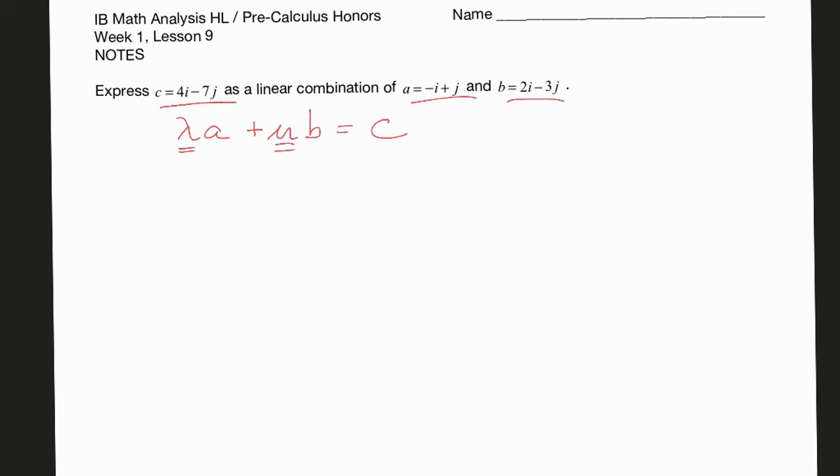Okay, so let's go ahead and admit this problem is all algebra. It's all dependent on your algebra skills. So let's take a look. I'm going to go ahead and replace that A with the vector. And I'm going to replace the B with its respective vector. And I'm going to replace C with its respective vector.